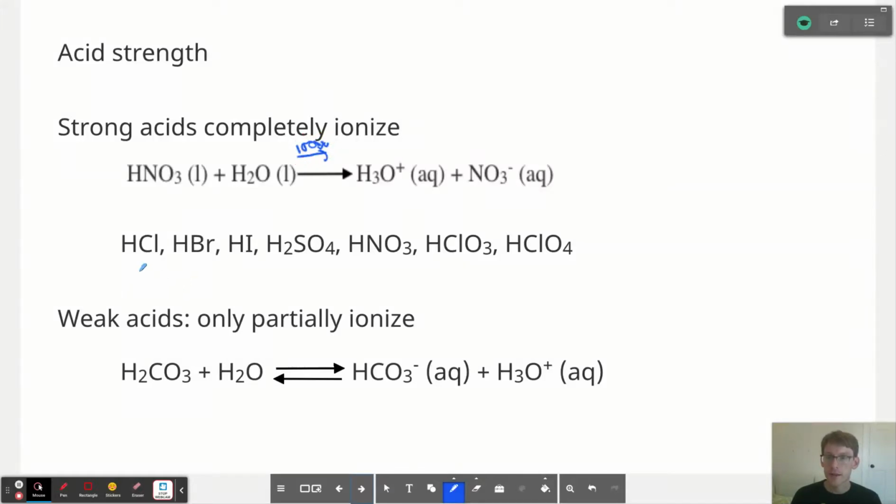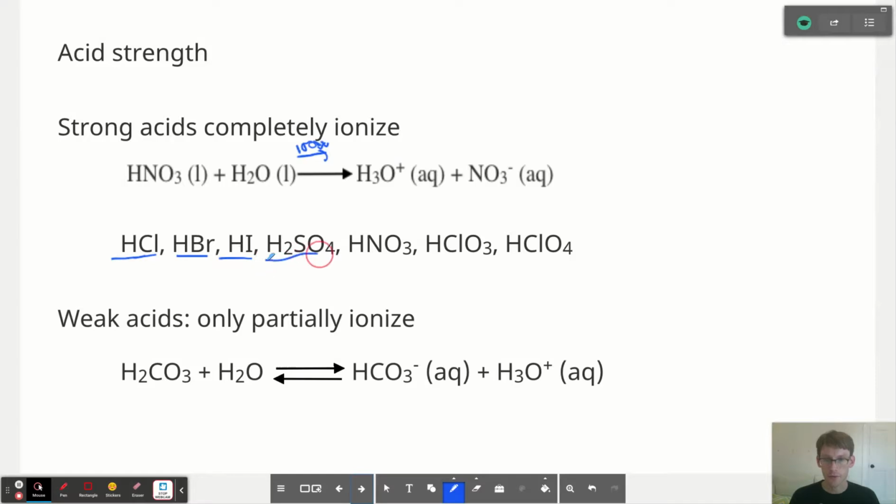And strong acids include the following. They include the hydrohalic acids, HCl, HBr, and HI, not HF. HF is actually a weak acid. But otherwise, look below fluorine on the periodic table to chlorine, bromine, and iodine. Those three, HCl, HBr, and HI, are all strong acids.